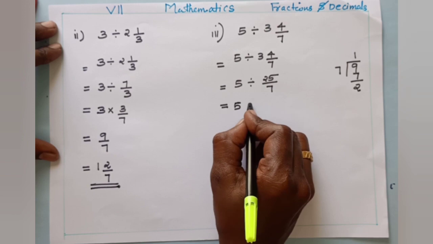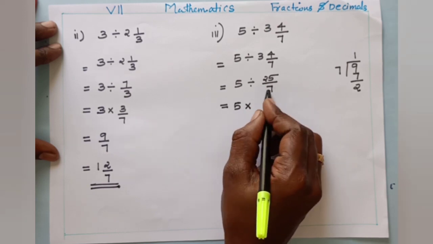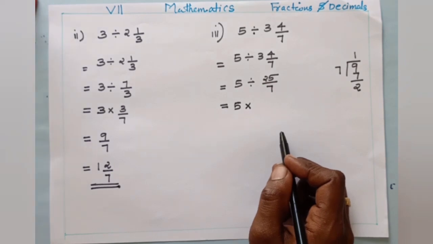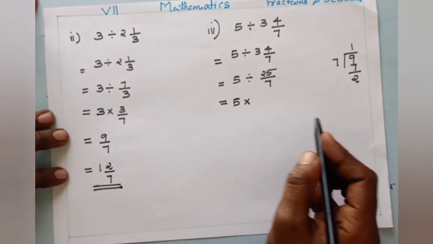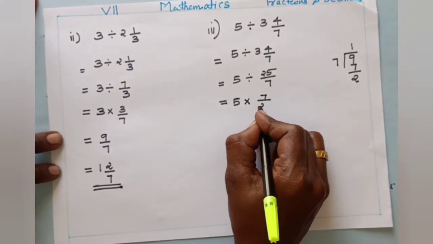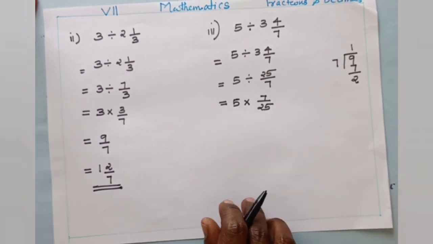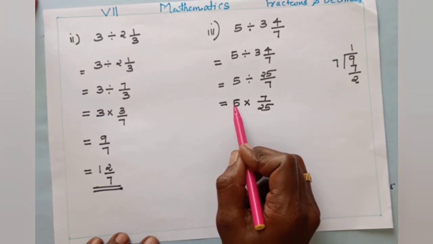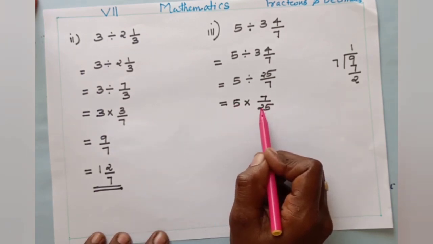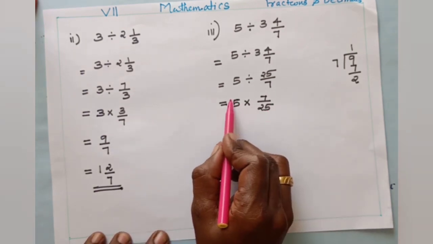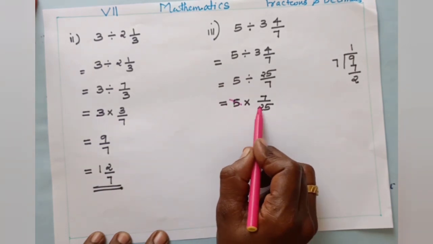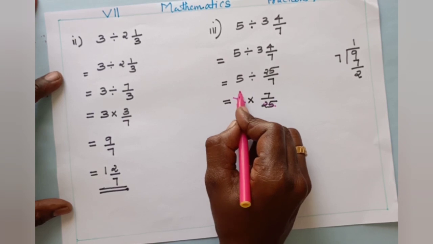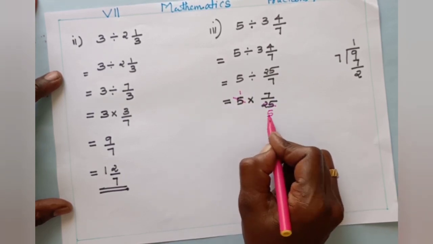5 division is changed into multiplication, then the reciprocal of the fraction 25/7 is 7/25. Listen here, this 5 and 25 we can cancel by the highest common factor 5. 1 5 is 5, 5 5s are 25.